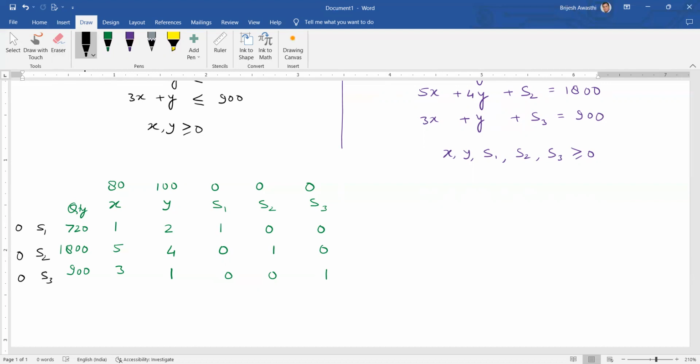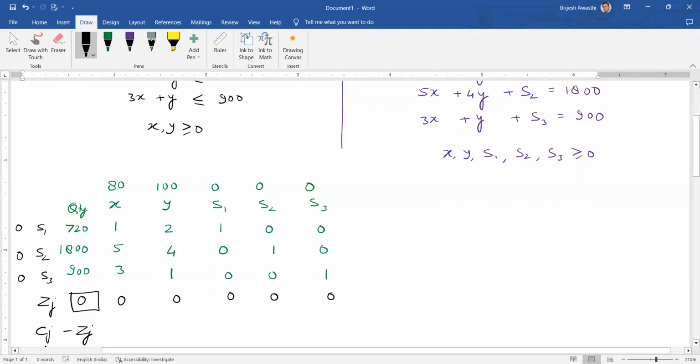Adding, it becomes 0. That is ZJ, right? Similarly, the remaining columns we multiply and add up, and it becomes 0. So my present profit is 0.